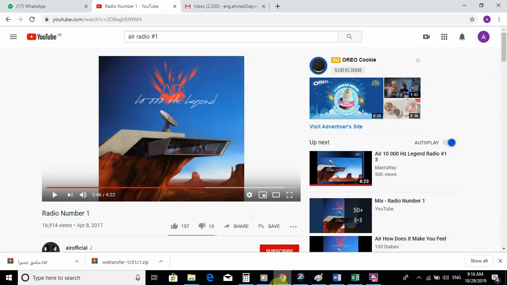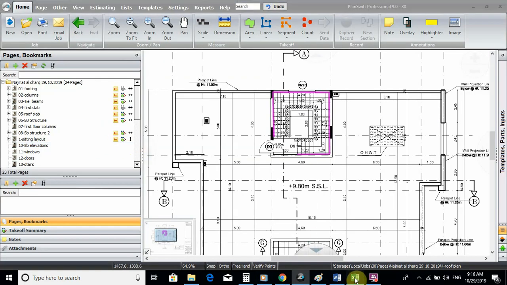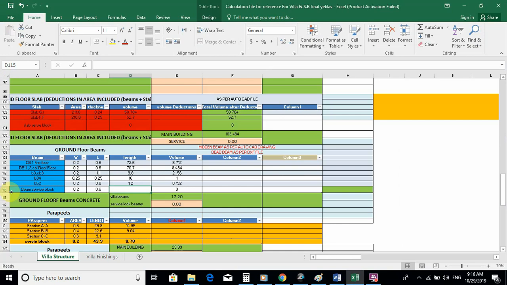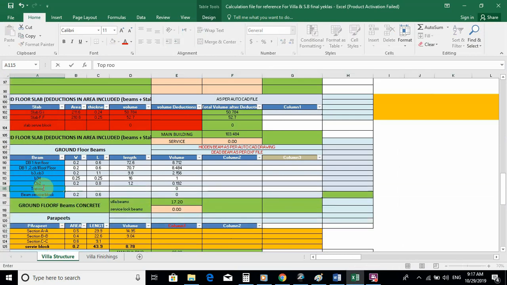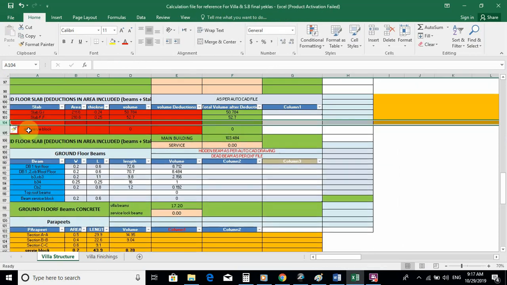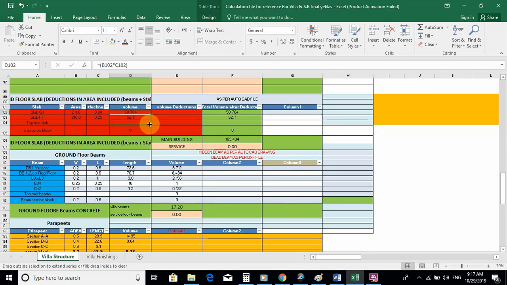Ladies and gentlemen, back again. Now there is a final slab we didn't consider, the top roof slab. It has top roof beams, and then there is the top roof slab here, which we consider the same.